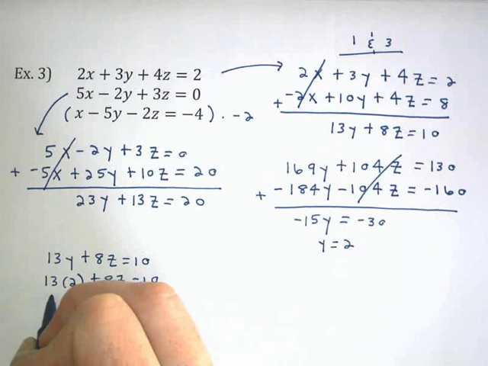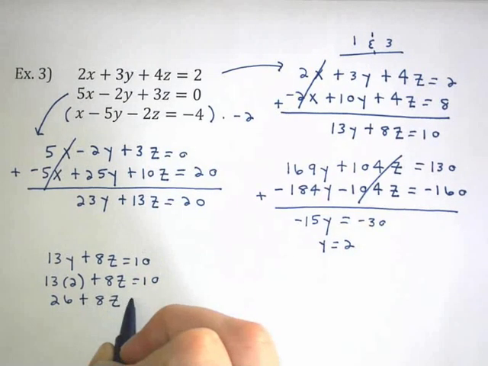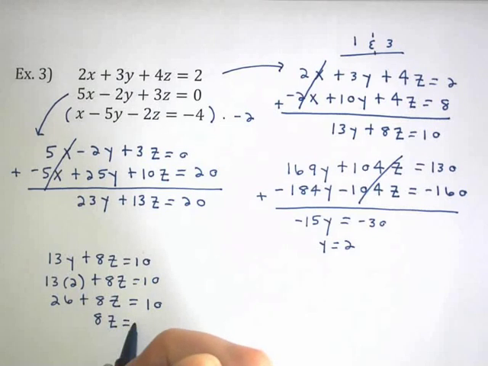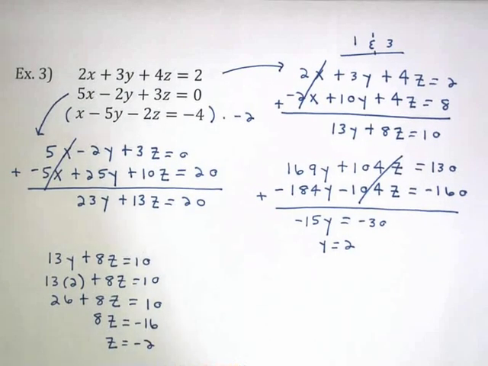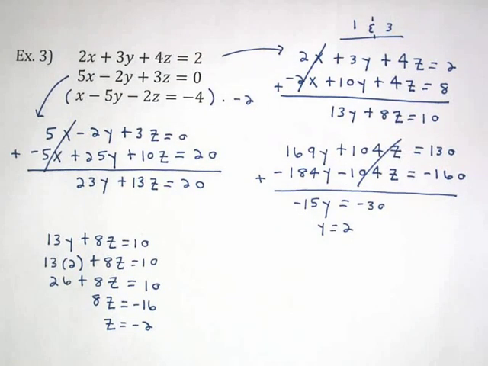So 13 times 2 and then plus 8z equals 10. So 13 times 2 is 26. So I'm going to subtract 26 on both sides and get 8z equals negative 16. So z is negative 2.